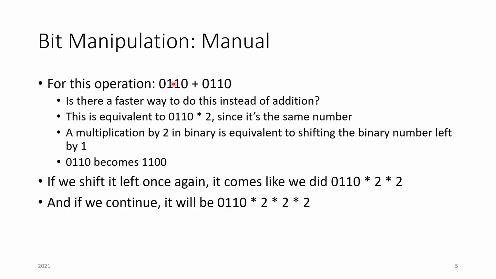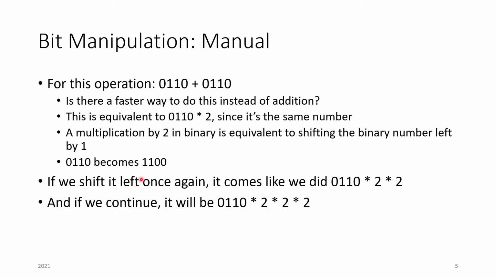So when we shift 0110 to the left, we drop this 0 here, we have 110, and because it's a 4-bit number, we add a 0 onto the end here on the right. So we got 1100. That's a very quick way to do a multiplication by 2 in binary.